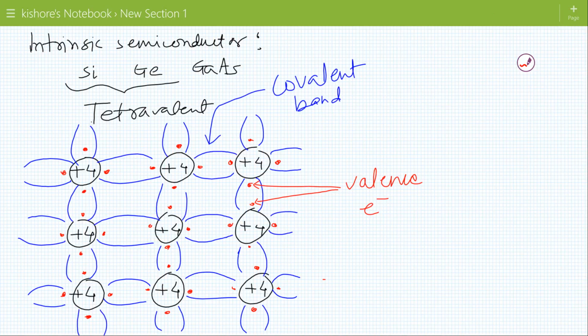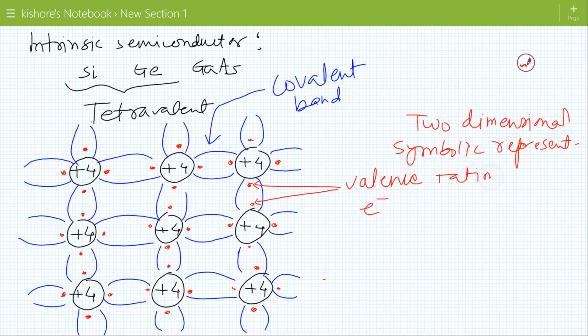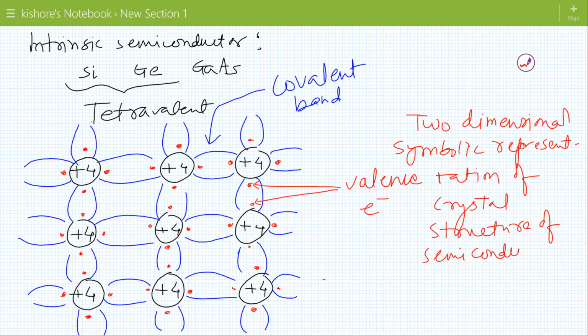So this is the two-dimensional symbolic representation of the crystal structure of a semiconductor at absolute zero temperature.